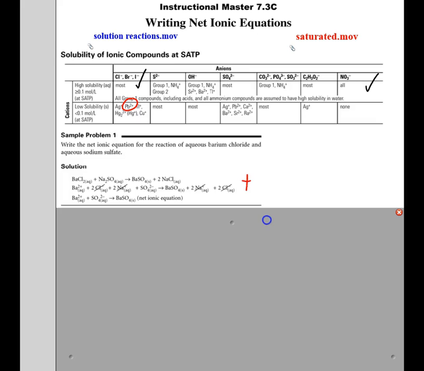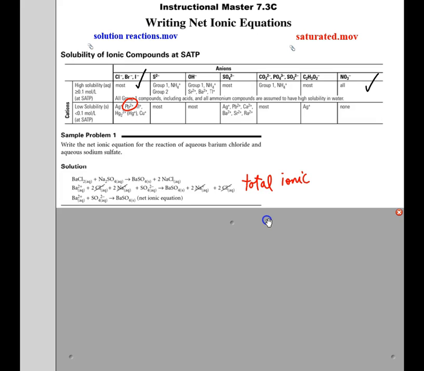So the total ionic equation represents all aqueous ionic compounds. When we look at the overall reaction, we see that some ions are not really participating in the reaction. They're what we call spectator ions. A spectator ion, appearing on the left side and the right side, does not affect the formation of the product.